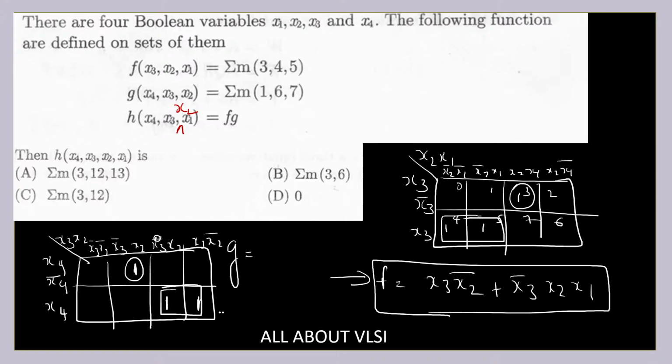So what we are going to have for g is x4 into x3. So g is basically x4 x3 plus x4 complement x3 complement x2. So this is what I've got for the function g.